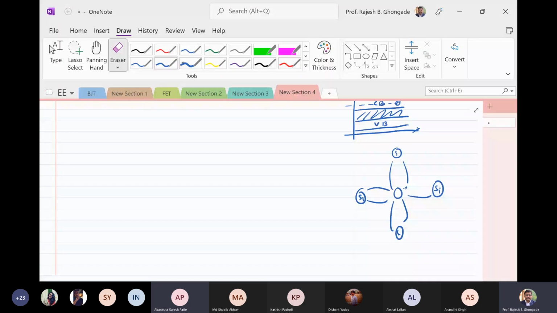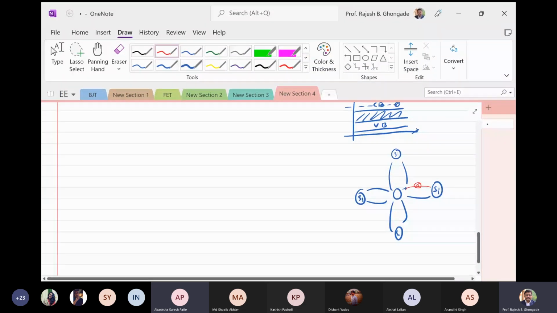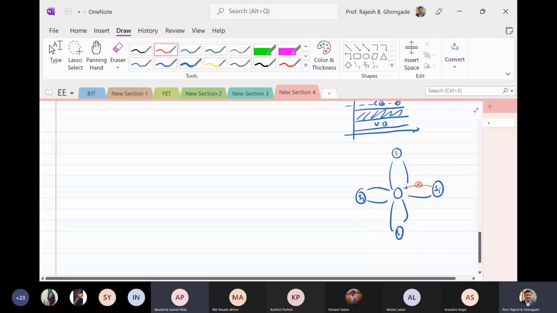What you have is the place where there can be an electron. This we call as the hole. But please note that it is attached in the lattice. It is called a lattice structure.